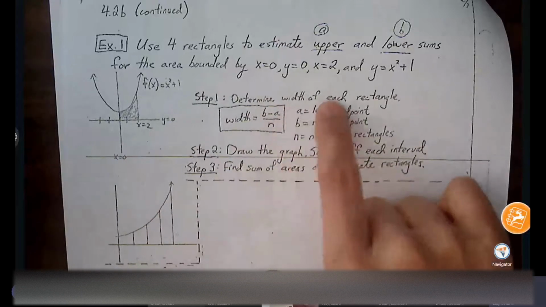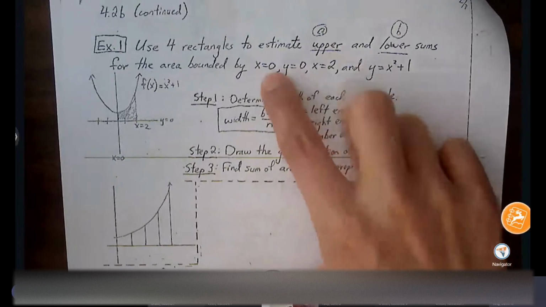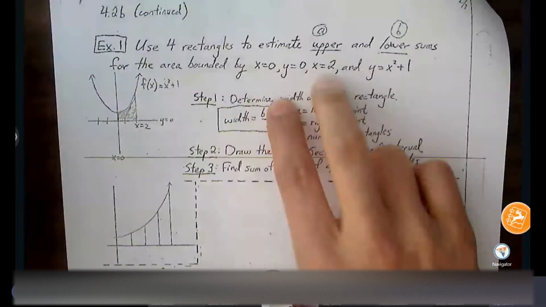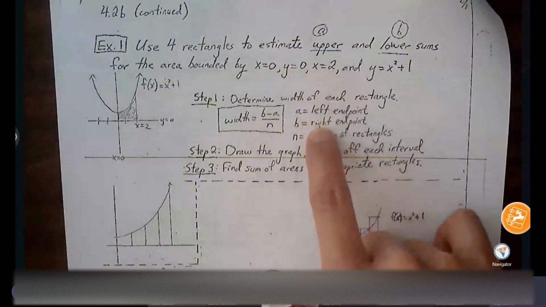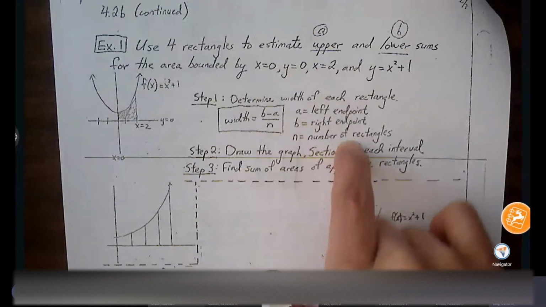So the first step is we need to find the width of each rectangle. The left and right endpoints are given to us. So we have right endpoint minus left endpoint divided by the number of rectangles. So my A value is 0.